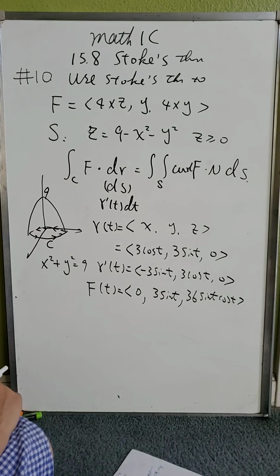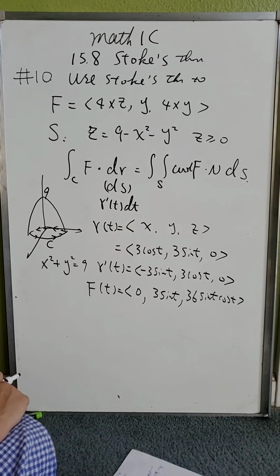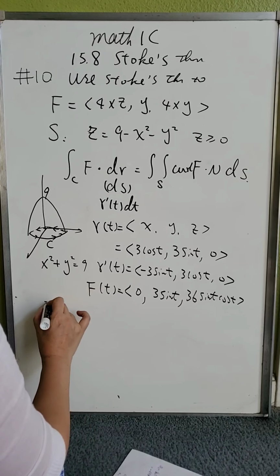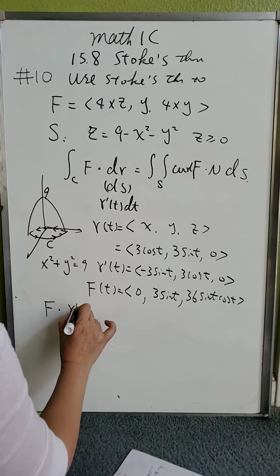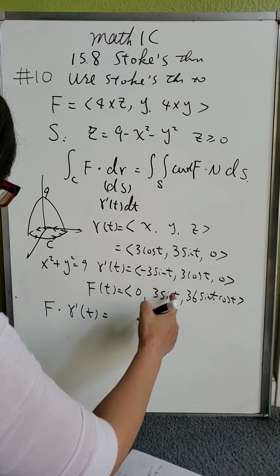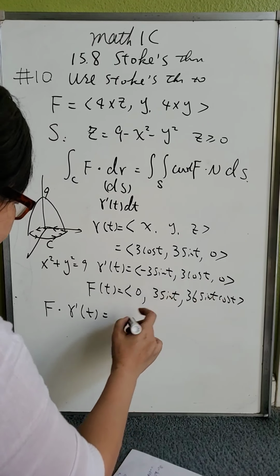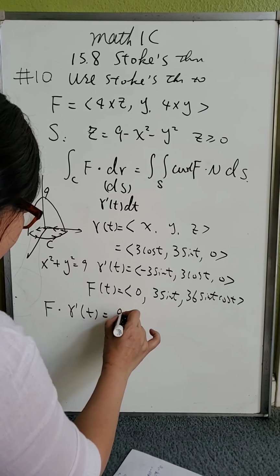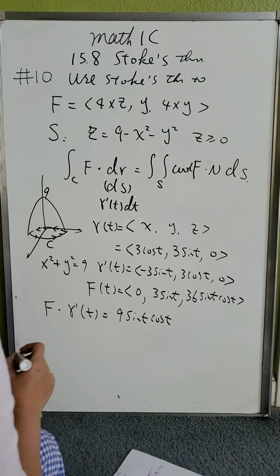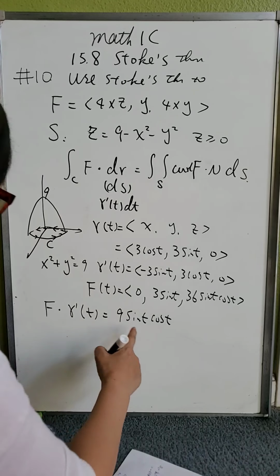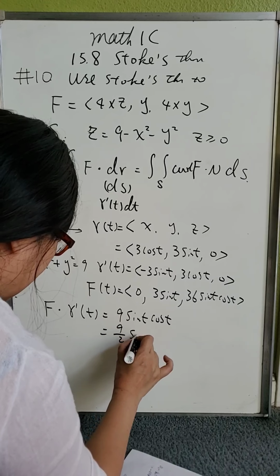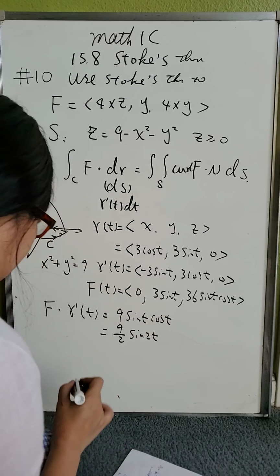And I'm going to dot them together. F dot r prime t, this is 0 also. This is equal to 9 sine t cosine t. And I make it to be 9 over 2 sine 2t. Just easier for me to integrate.